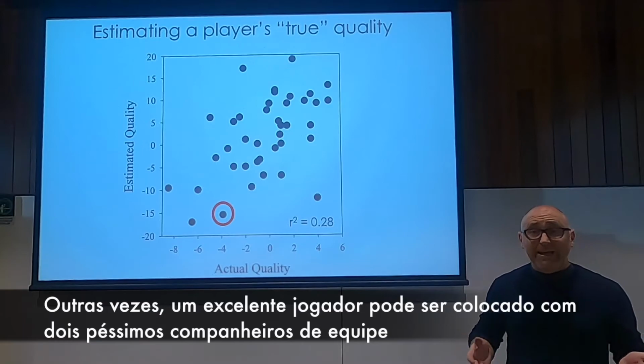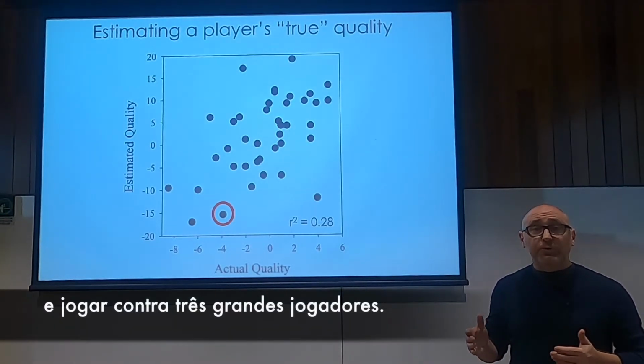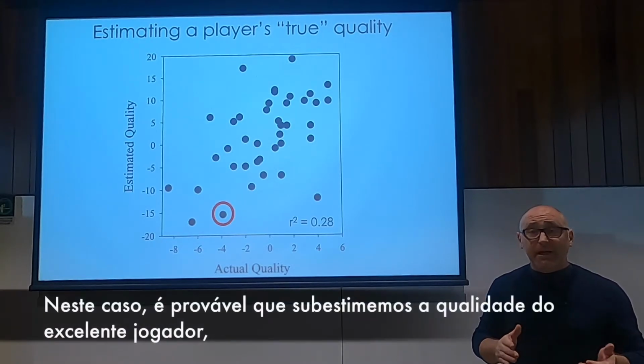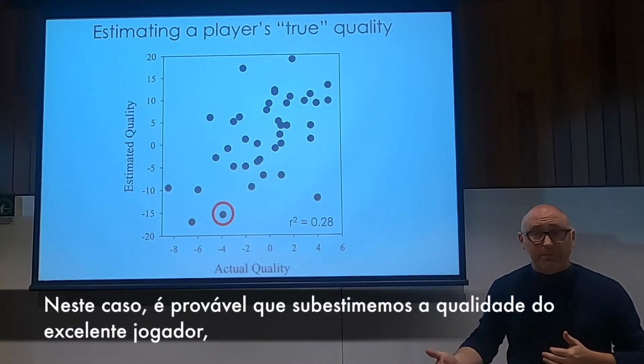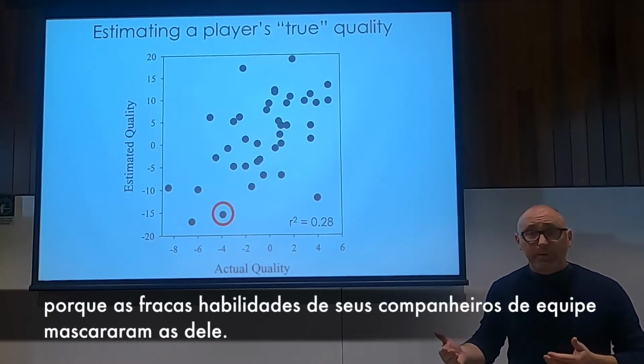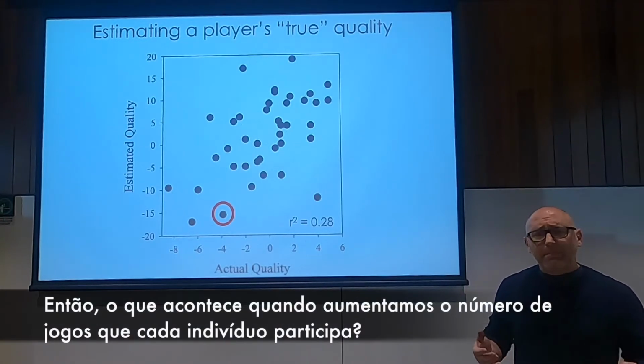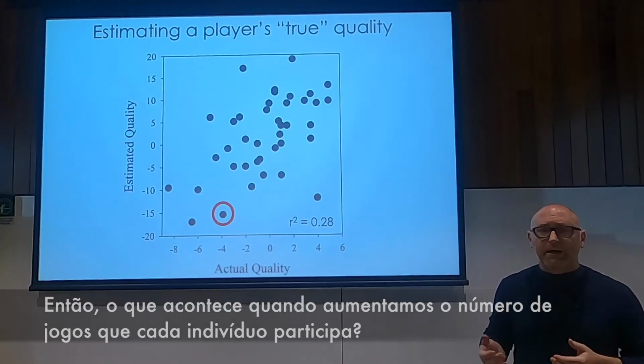Other times, an excellent player may be placed with 2 poor teammates and play against 3 great players. In this case, we are likely to underestimate the quality of the excellent player because his teammates' poor abilities have masked his ability. So what happens when we increase the number of games that each individual plays?